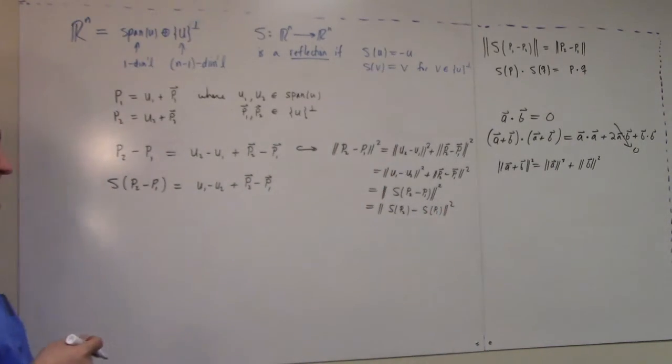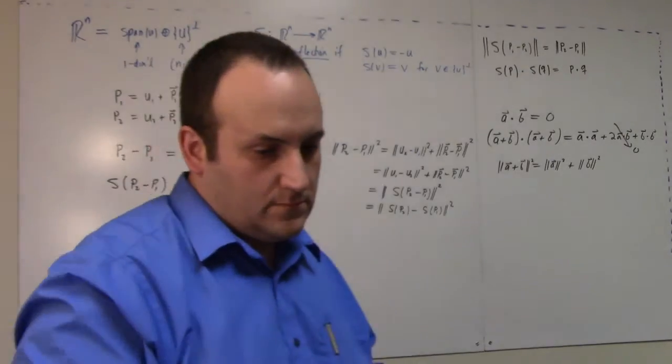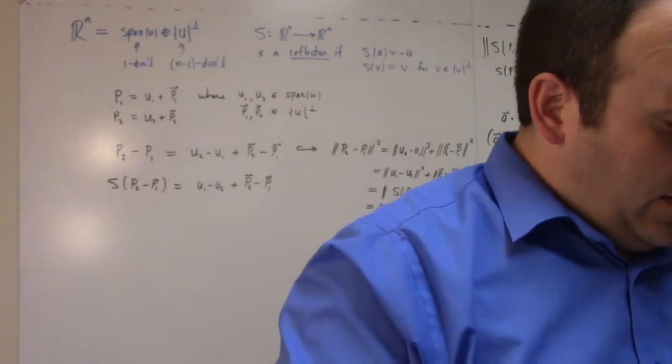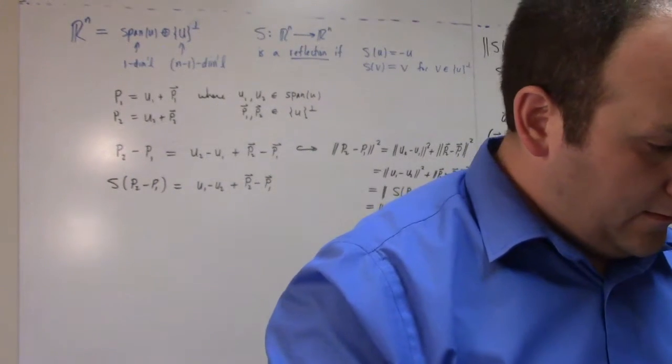So the reflection apparently preserves the distance between points. It's an isometry. Okay. All right. Go on here.